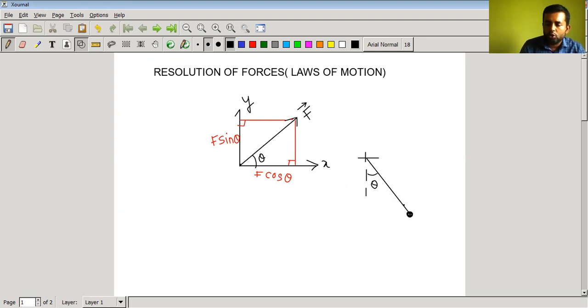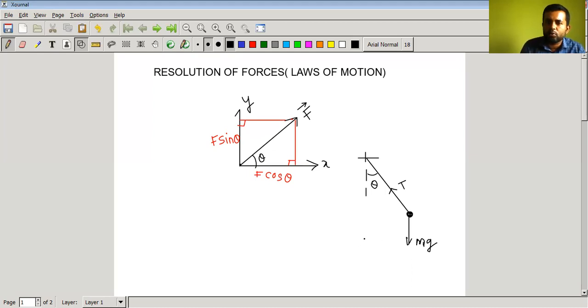We all know there will be a tension on this pendulum along the string. Tension always acts along the string, and weight, suppose this bob has mass m, so mg will act perpendicular to the surface of the earth.